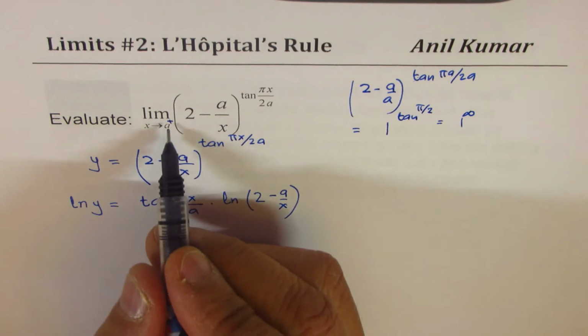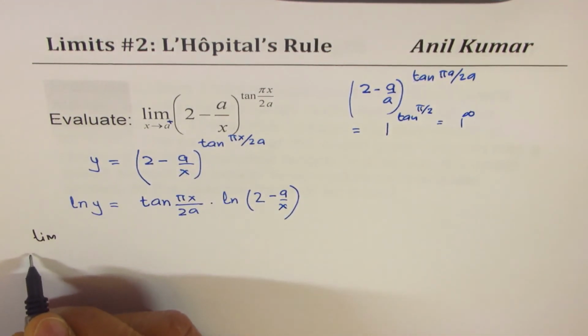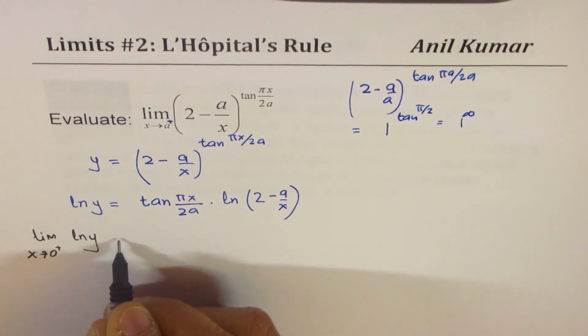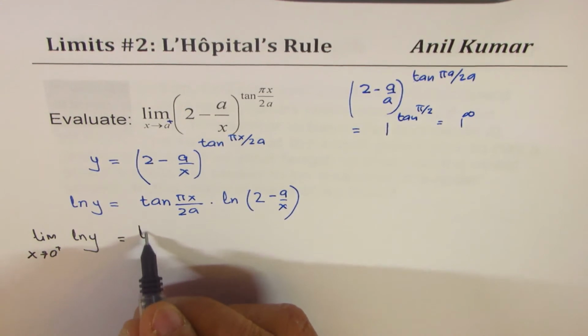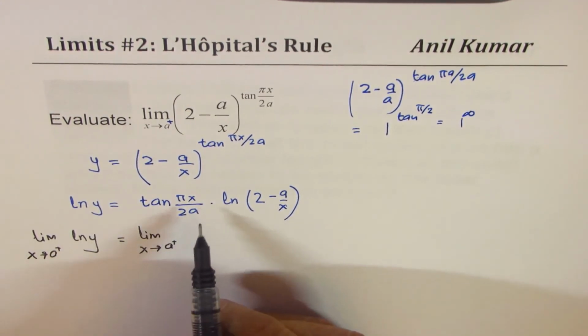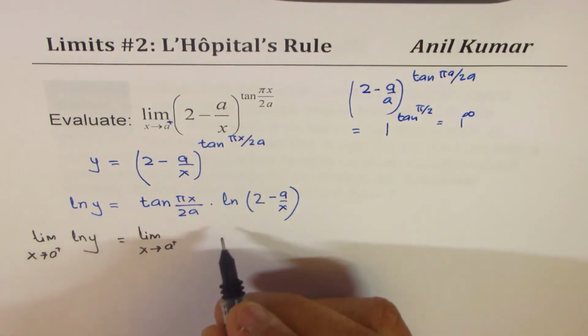Now, we'll consider from the positive side. So we can say now limit x approaches a from the positive side for ln y is equal to limit x approaches a from the positive side. Now tan(pi x by 2a), we'll take it in the denominator.